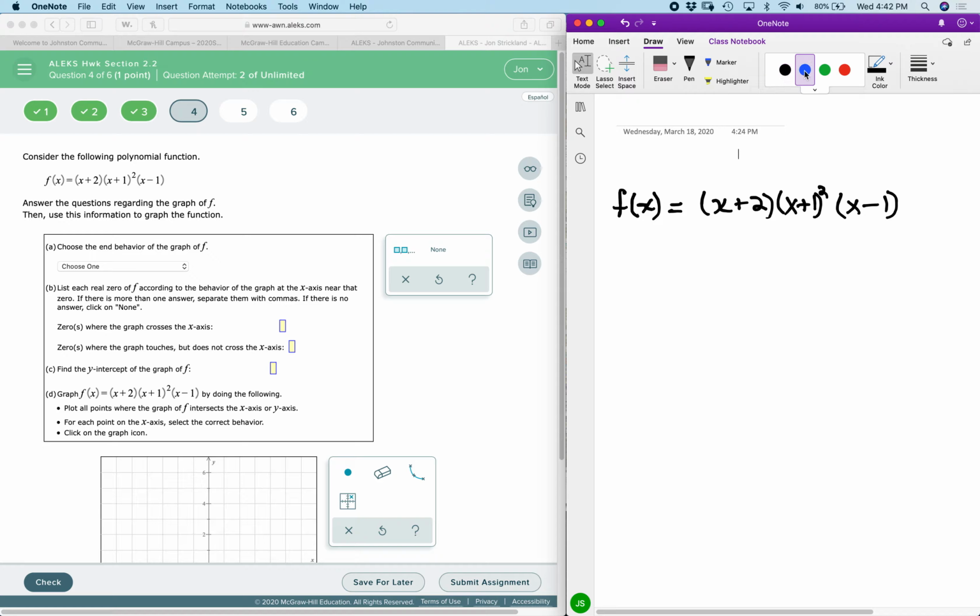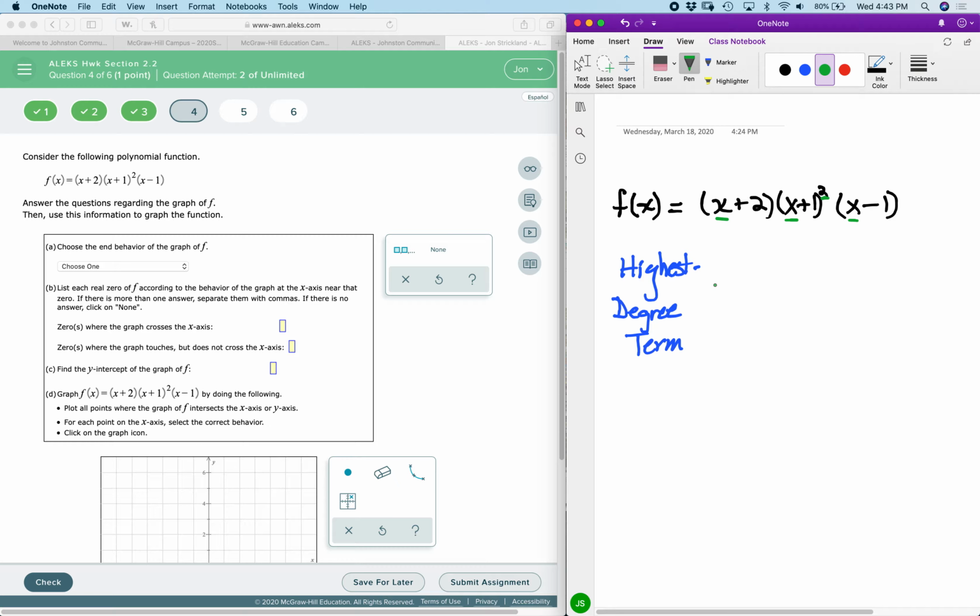Now, if we look at the highest degree term, looking at the factors, I have x plus 2, higher order term is x. Then for x plus 1 squared, higher degree portion is an x, and that will be to the second. Then we have x minus 1.